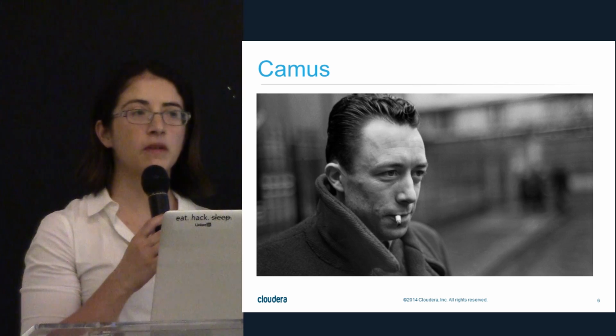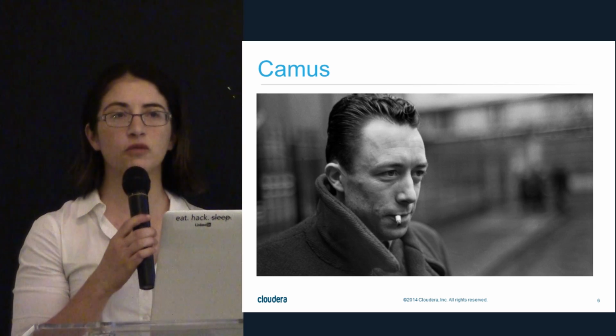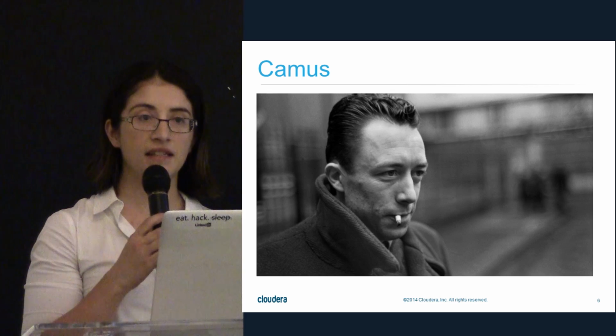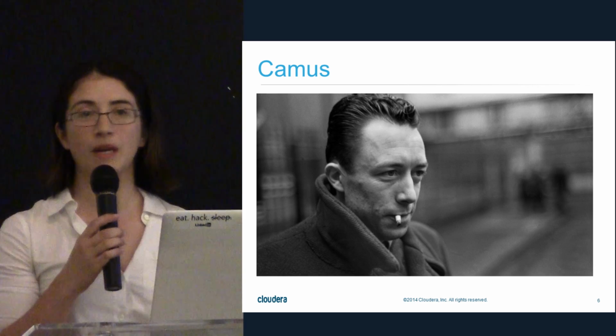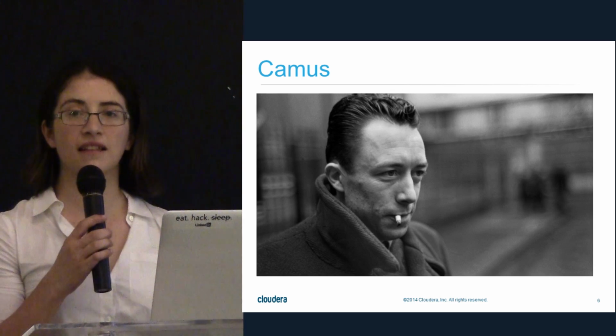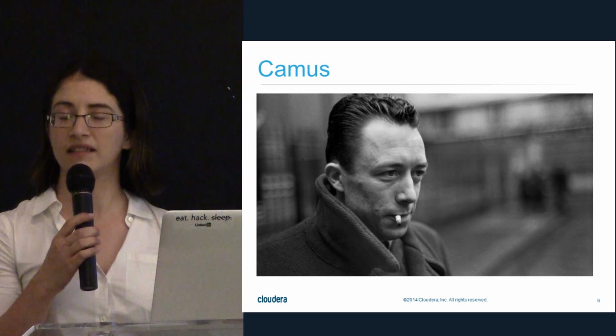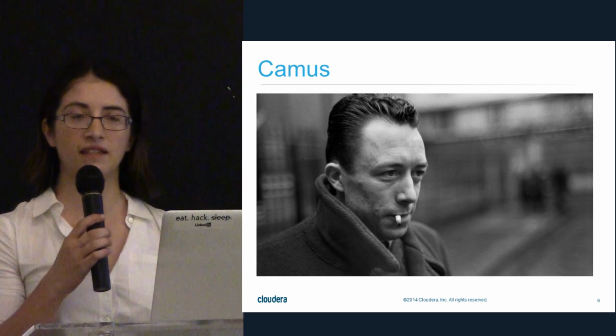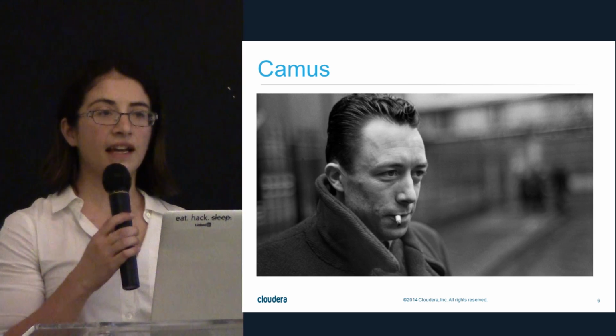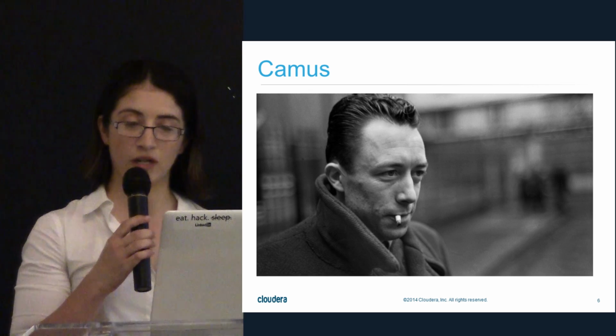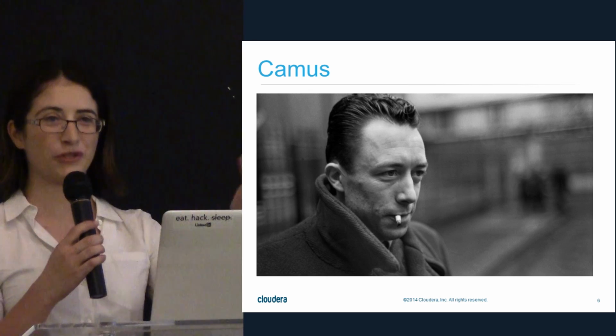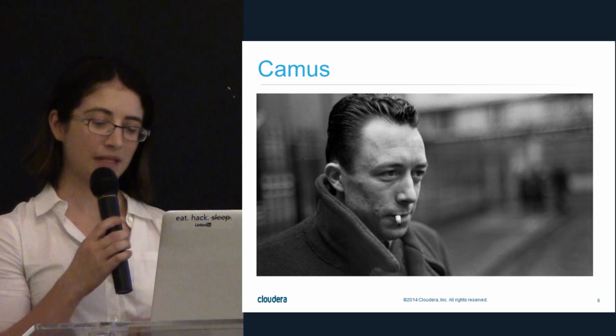So Camus is probably one of the most well-known ones. It was written by LinkedIn, and it's a batch tool. It starts a MapReduce job, and the MapReduce job reads data from Kafka and writes it to HDFS. The nice thing is that they implemented exactly-once semantics, which, as was already mentioned, you have to do some work for.